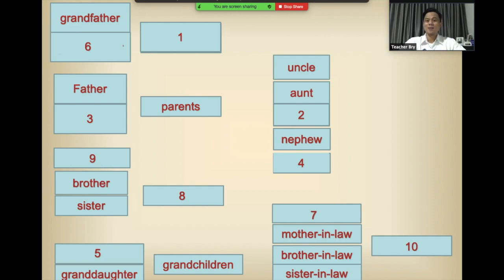Just fill in the blanks of the different family members based on the groups that I presented to you a while ago. So this is very easy because they are grouped together and I left some clues for you to answer. If you think of them as a group, which one of these people in the family is missing?